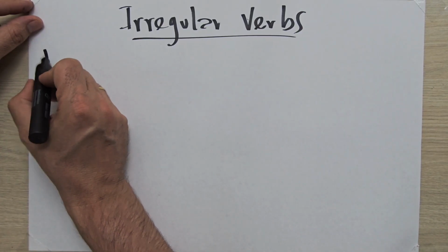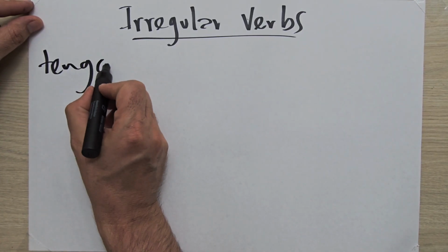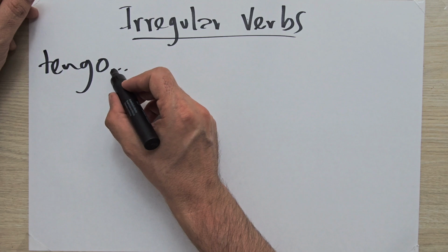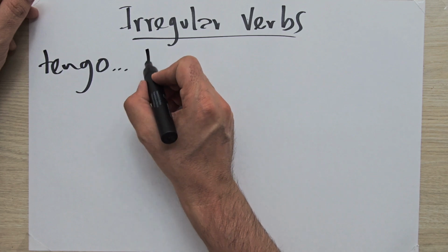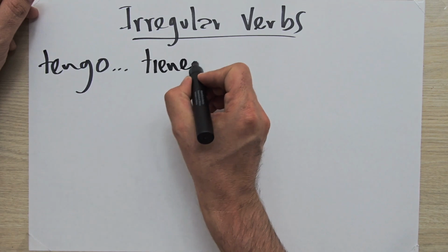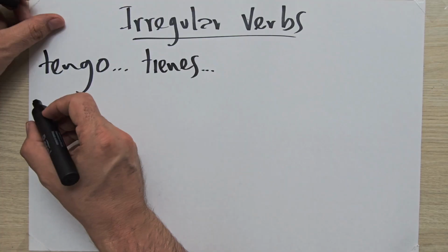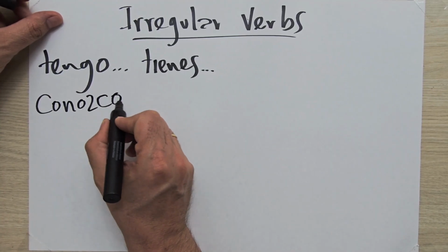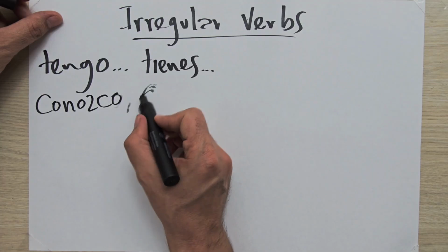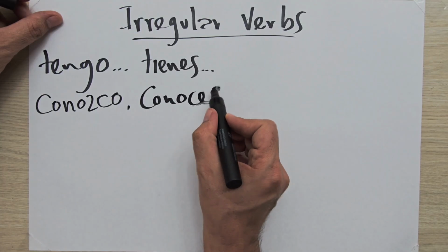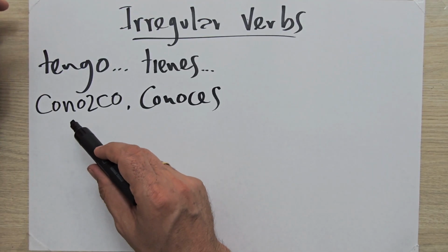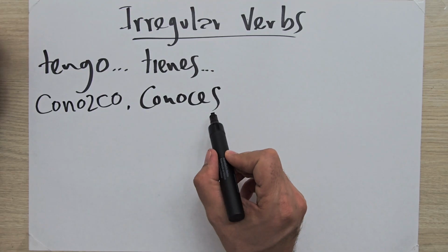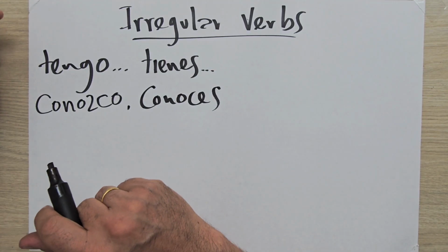Example, tener, you say tengo. I have. The conjugation for you is tienes. Conocer, to know, is conozco. Tú, conoces. I know, I'm familiar with. Conoces, you know, you're familiar with.